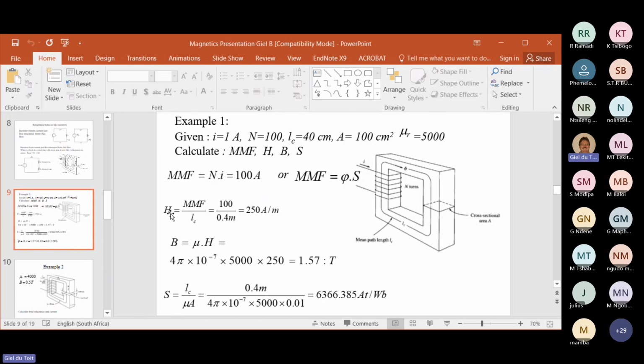So what is the magnetic field strength here? H. Please, can you guys calculate that? I'll just look at the board, guys, do it and explain to me how you got to the answer. What is the magnetic field strength for this magnetic circuit?